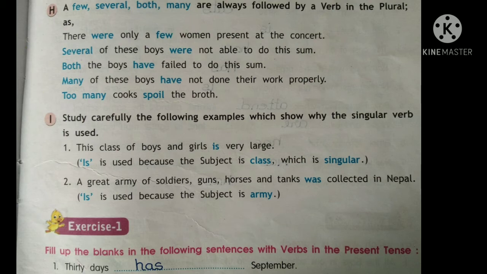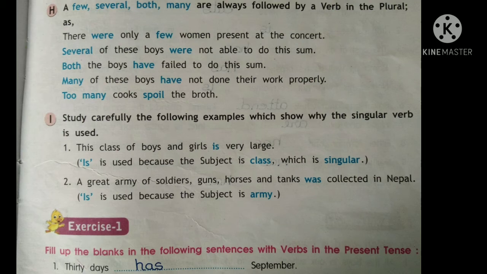So here the verb comes before and we have "few" in the sentence. So we are writing "were", that is the plural verb. "Several of these boys were not able to do this sum." So here we have the word "several". So we are using the plural verb, that is "were".